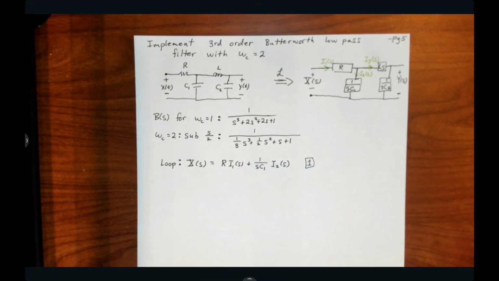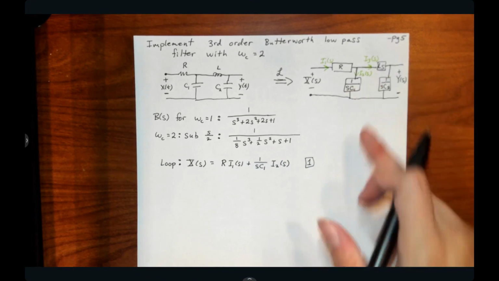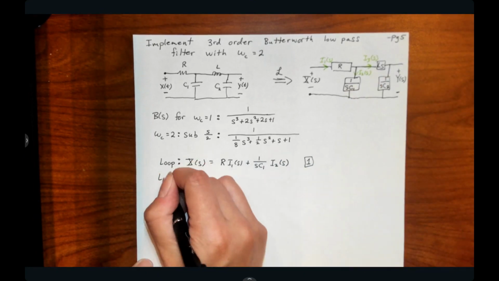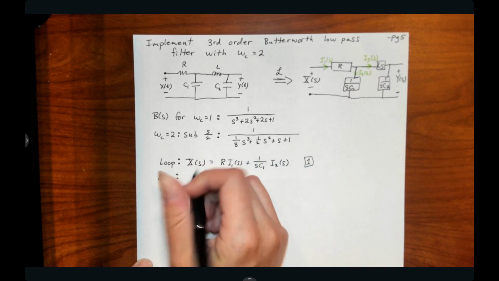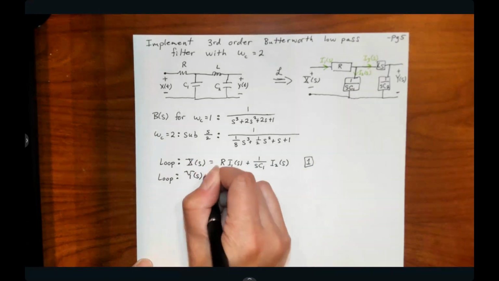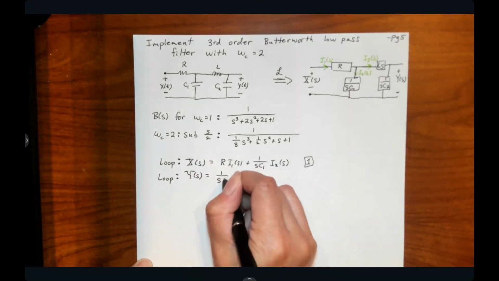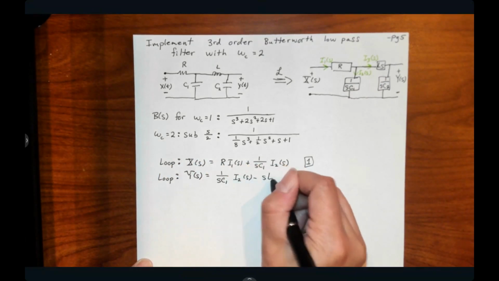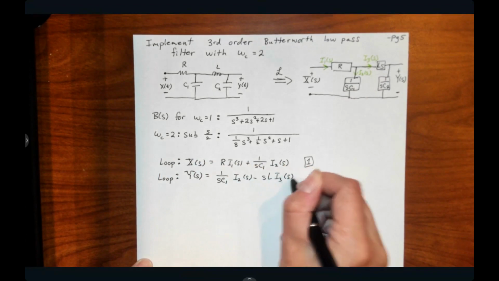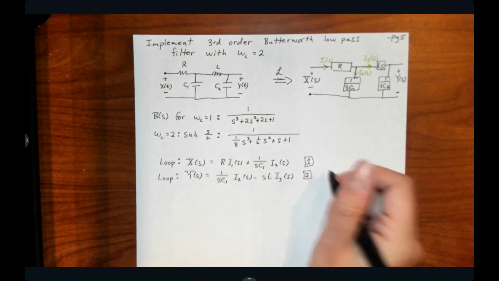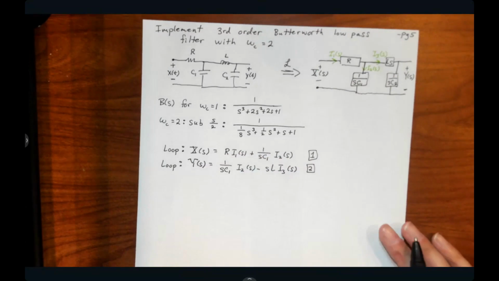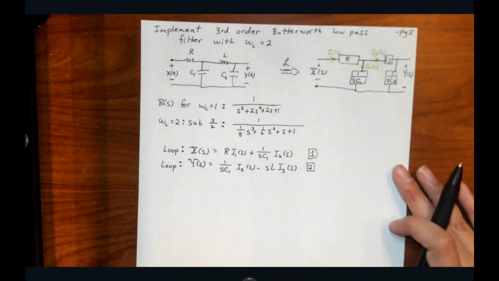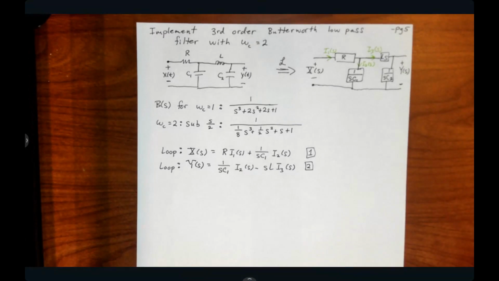I'm going to do another loop around here. And with a little bit of cleanup, we're going to get y of s equals 1 over sC1 I2 plus sL I3. All right, so we have still a lot of unknowns here that we need to solve for.